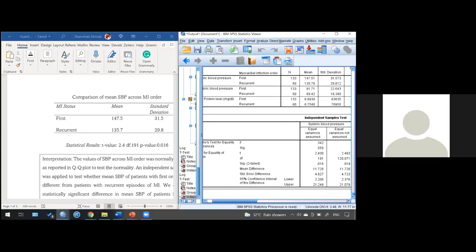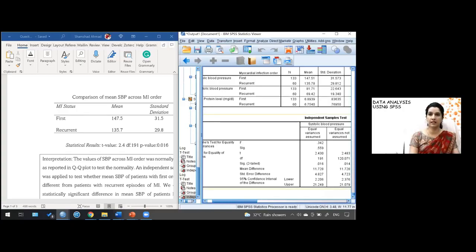Yes. So had it been the case where significance was less than 0.05, then I would have used this column as the value for all of my interpretation: T value, degree of freedom, mean difference, and 95% CI. Although there is a little difference between these two in terms of values, you will use that since equality of variances was not assumed.